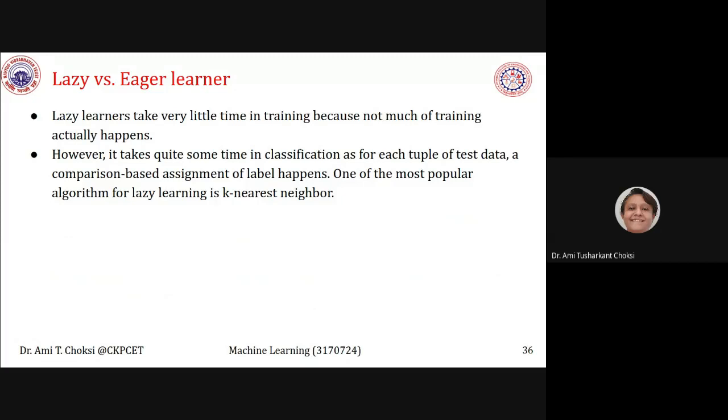However, it takes quite some time in classification, as for each tuple of test data, a comparison-based assignment of label happens. One of the most popular algorithms for lazy learning is k-nearest neighbor.